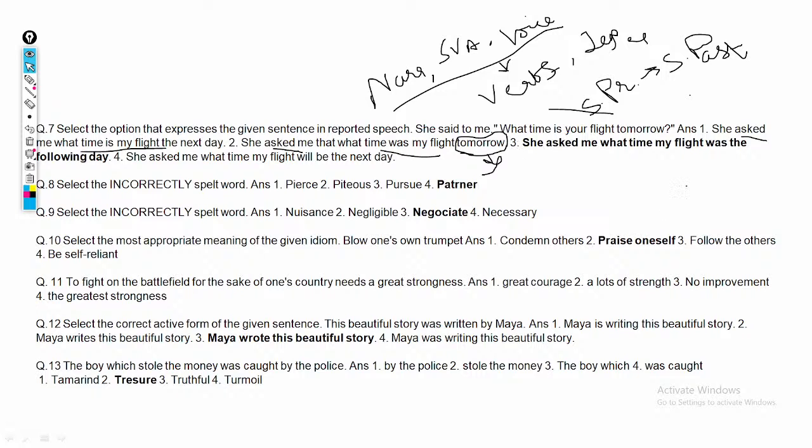What do we write? I already said in the video on narration that there are some words like tomorrow, today, yesterday, here, there. These are some of the words that change in our reported speech. Why? What is the reason?